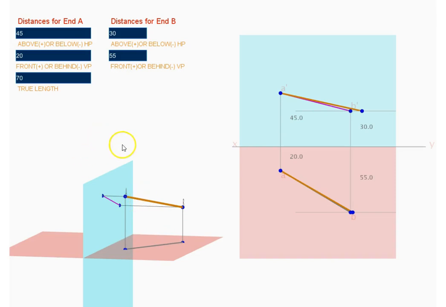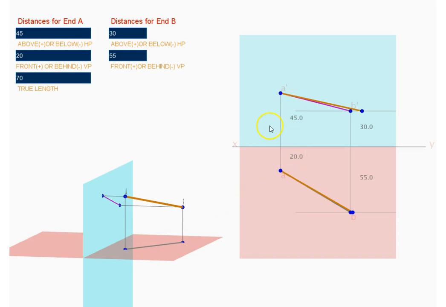Now the distance of point A in front of VP is this distance, and above HP is this distance, and similarly for end B, the distance in front of VP is this distance, and above HP is this distance. We also see that this line represents the front view or the elevation of this line, and this represents the top view or plan of the line.